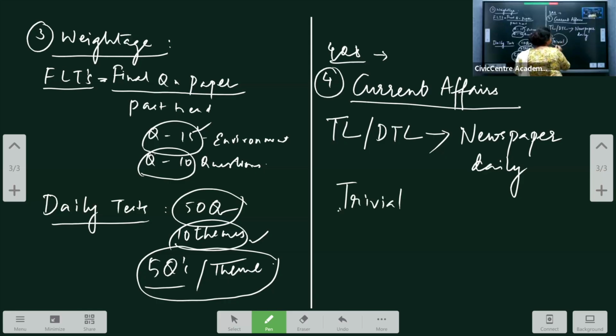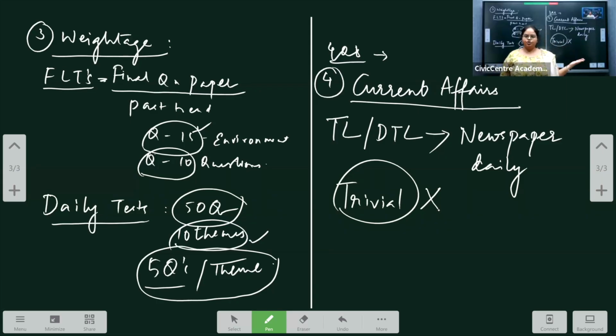First, you need to select the topics in the newspaper as per the syllabus only. So choose the topics that are actually repetitively there in the news, not just news that occurred somewhere once, not some trivial information or a fact that is given.